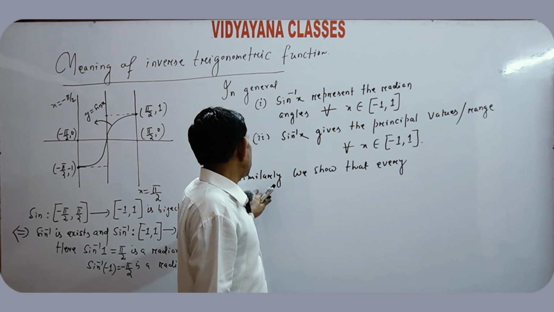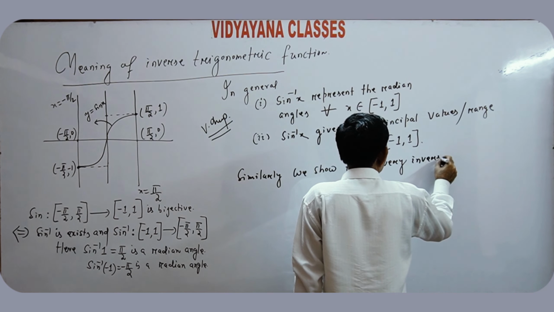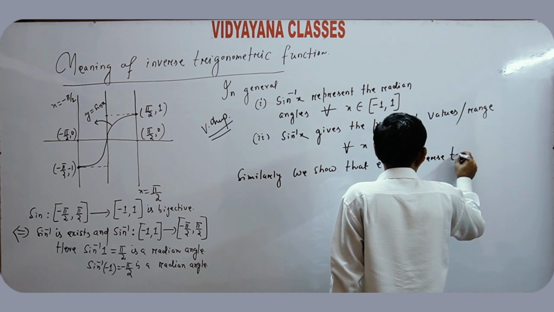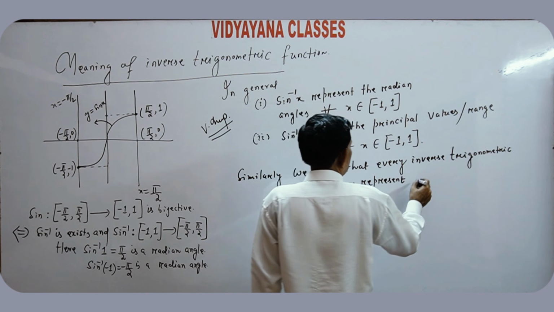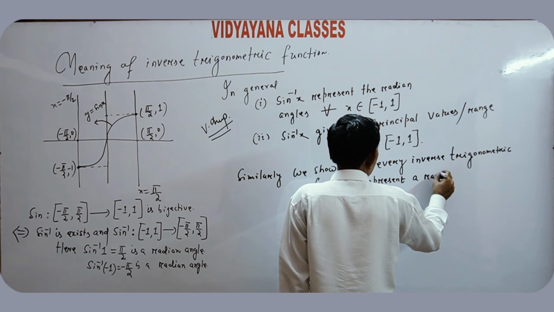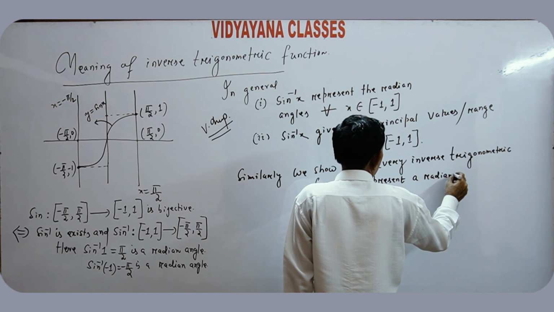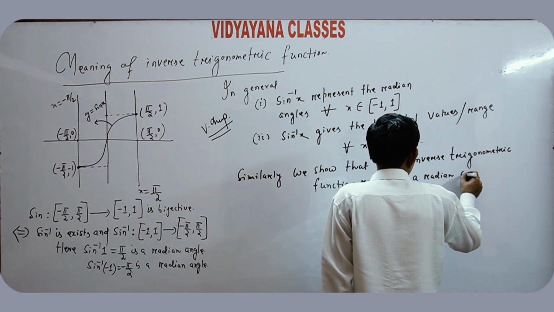Similarly, we can show that every inverse trigonometric function represents a radian angle.